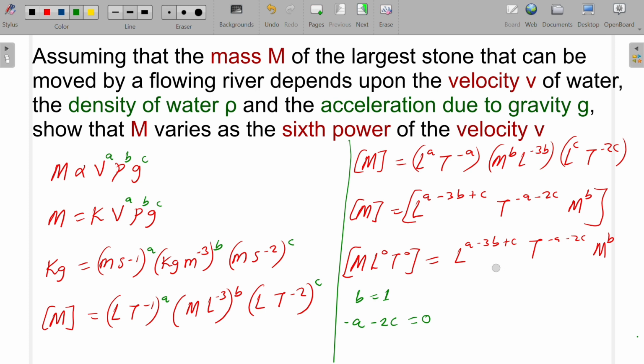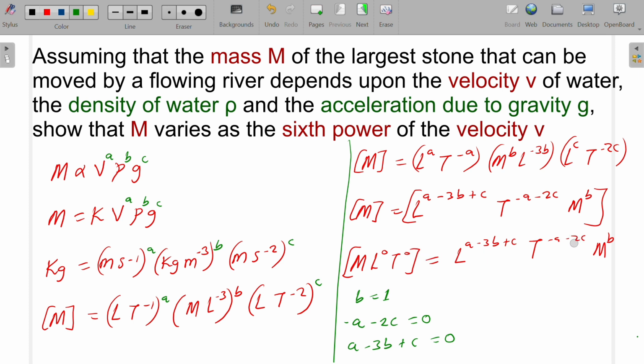And then for the last part, we have L. L here is having a power of a minus 3b plus c, and L on the other side is having a power of 0. So what we have there is just a minus 3b plus c is equal to 0. So yeah, hope you understand how we are equating the powers. T is to the power of minus a minus 2c on the right side, and on the left side t is to the power of 0.